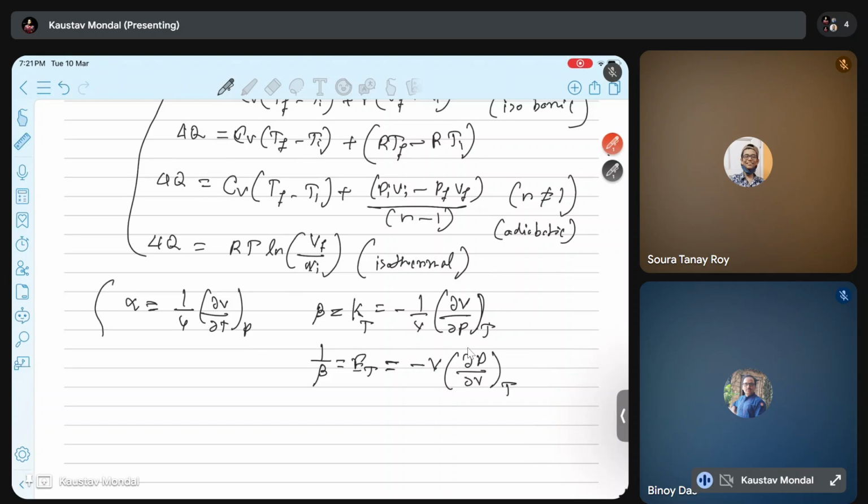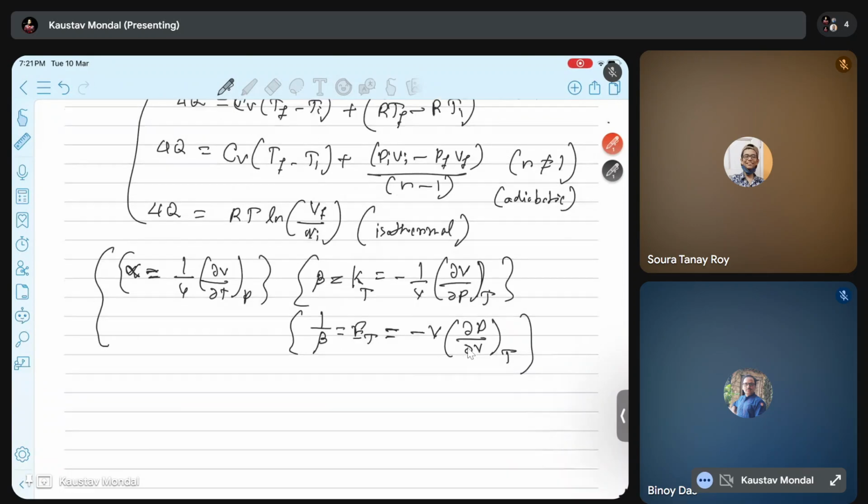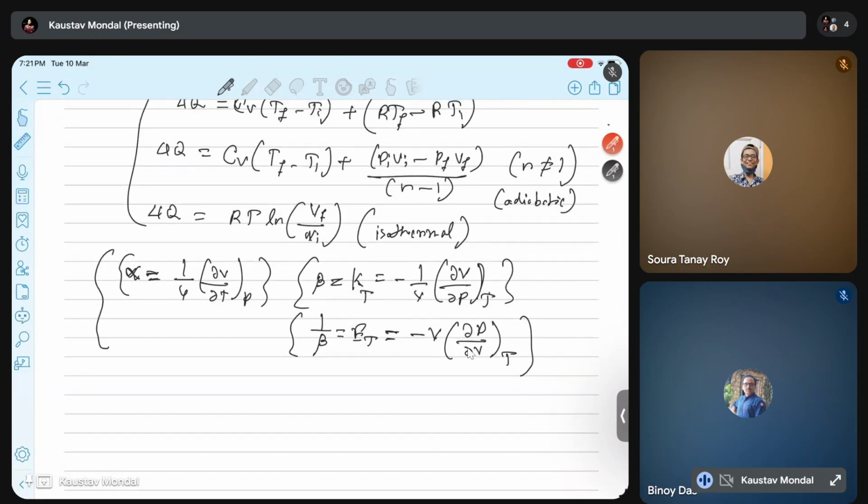It's better to remember these expressions in differential format, because for a particular gas equation you may be asked to calculate its compressibility or volume expansibility. In that case you have to differentiate the equation of state to get the expressions of alpha, beta, 1 by beta and so on.